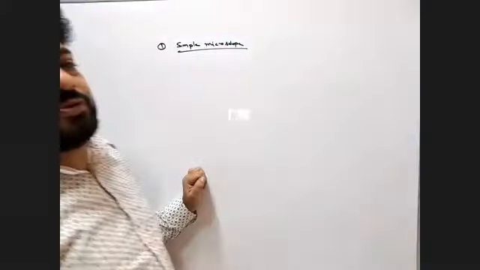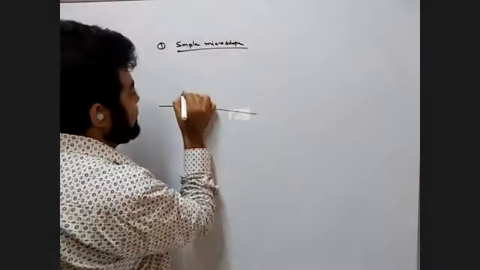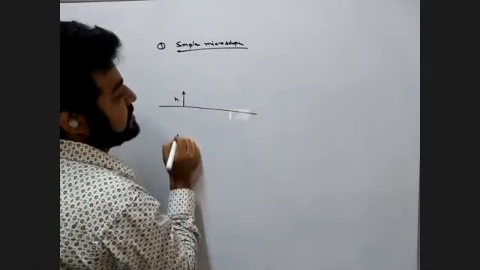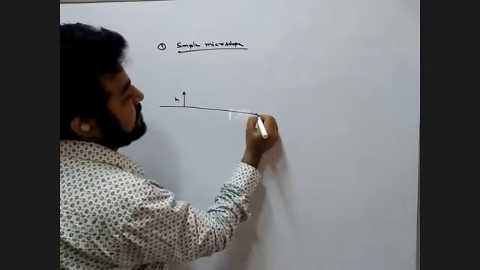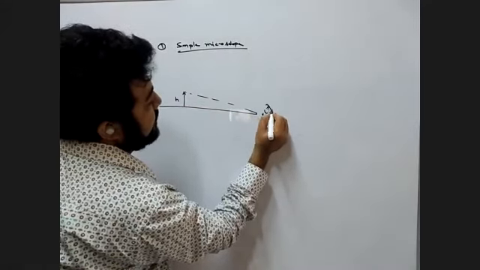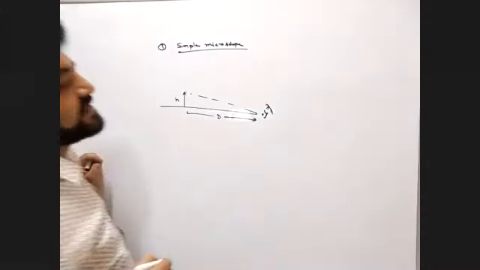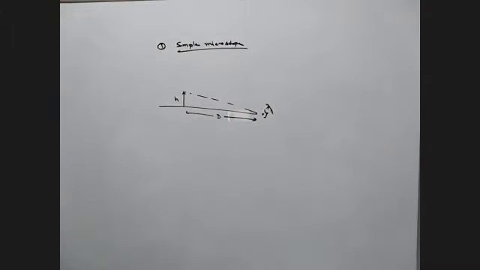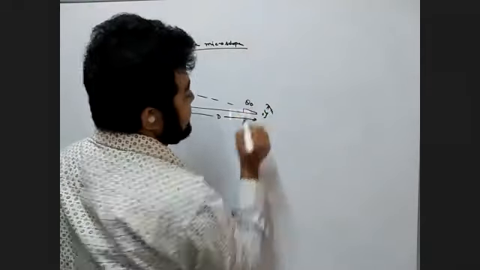सो फर्स्ट इज सिंपल माइक्रोस्कोप. सिंपल माइक्रोस्कोप को मैग्नीफाइंग ग्लास भी कहा जाता है. सो मेरे पास एक ऑब्जेक्ट है, द हाइट इज h, यहाँ पे मेरा व्यूअर था, यहाँ पे मेरा आई है नॉर्मल. सो दिस डिस्टेंस इज लीस्ट डिस्टेंस ऑफ डिस्टिंक्ट विजन, जिसमें हम ऑब्जेक्ट को सबसे बड़ा देखेंगे, दैट इज थीटा नॉट.